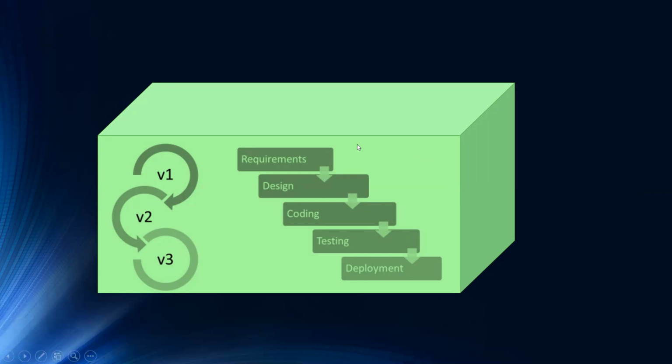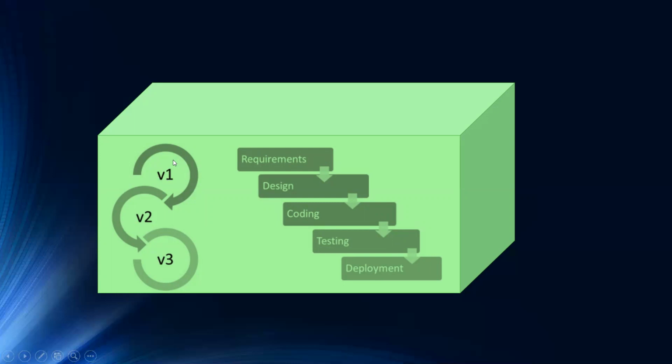The difference between iterative and incremental: in incremental, we are giving additional features in every increment. But in iterative, we are not only giving the added features, but we are also reviewing or revisiting our versions.